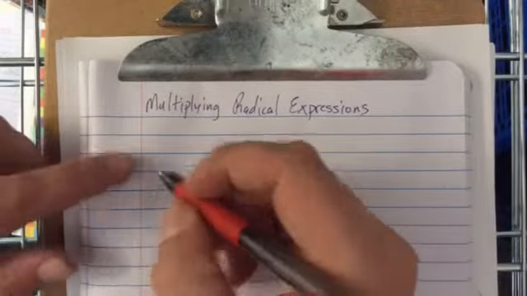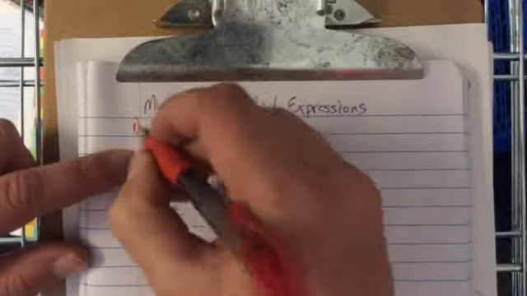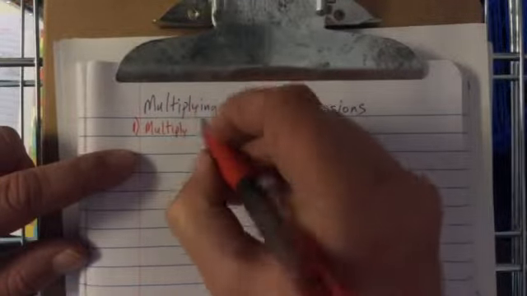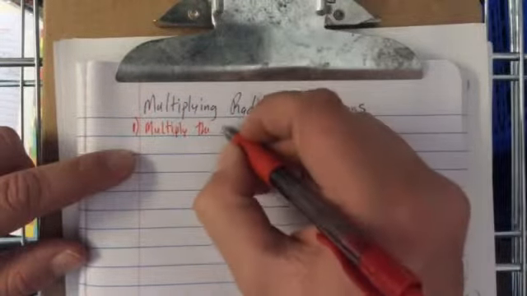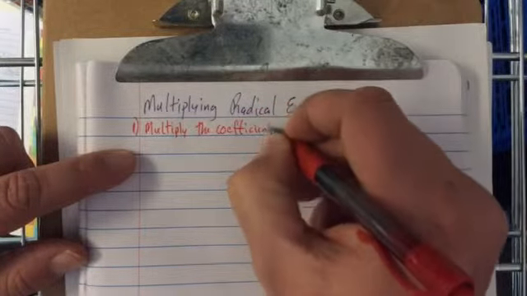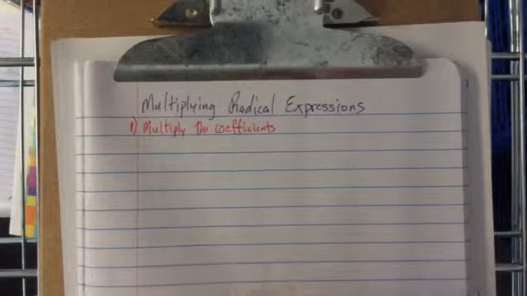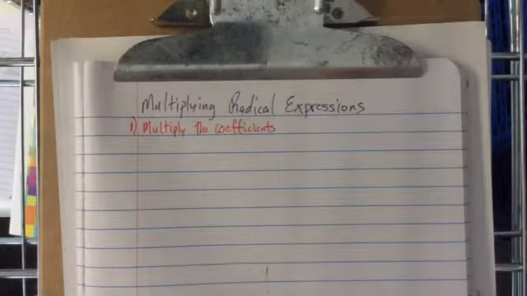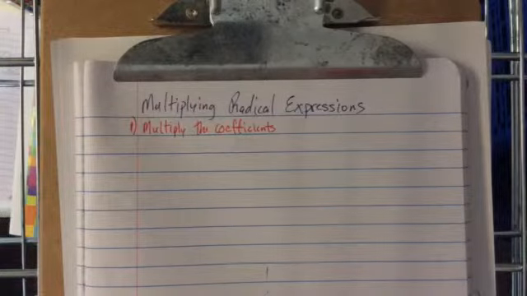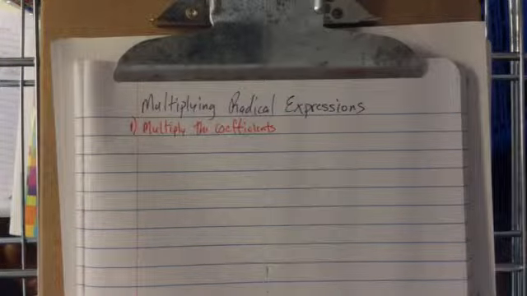So our first step that we're going to follow is to multiply the coefficients. So we're going to multiply the coefficients if there are any. That is our first step.